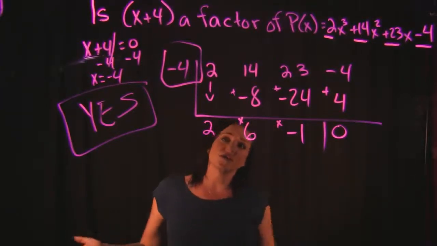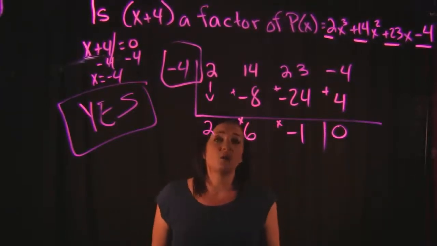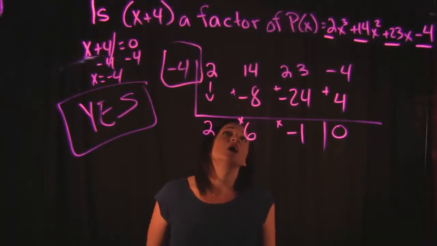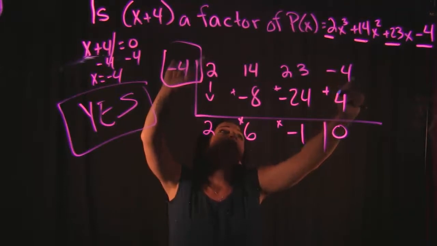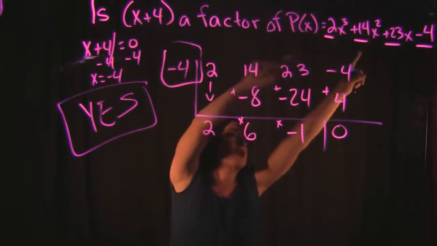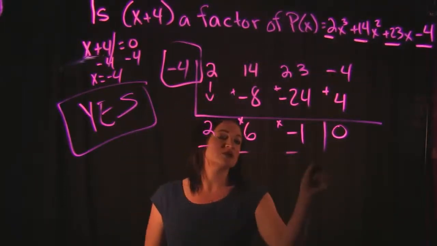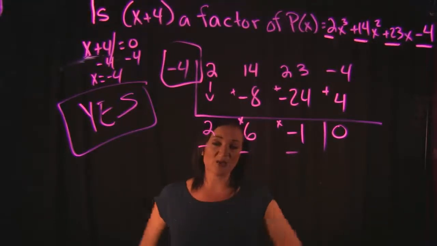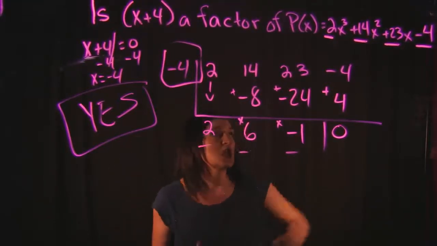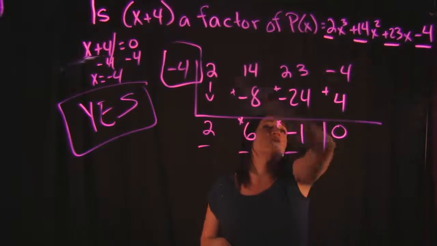Now, you can even go further and write the remaining polynomial for this one. A lot of textbooks will ask for that as well. Remember that we got these top numbers from the coefficients of our equation. So these 3 numbers that we're left with, we put them back into the equation, making sure that you always go from right to left.